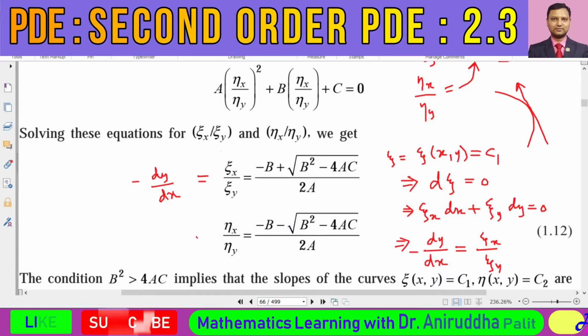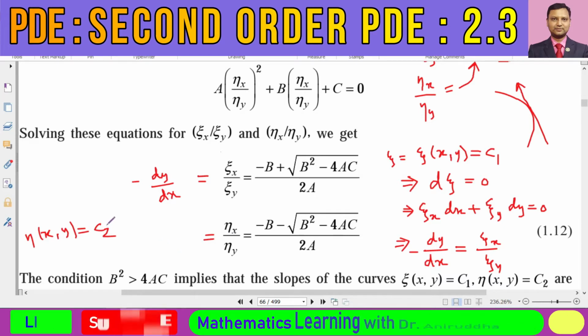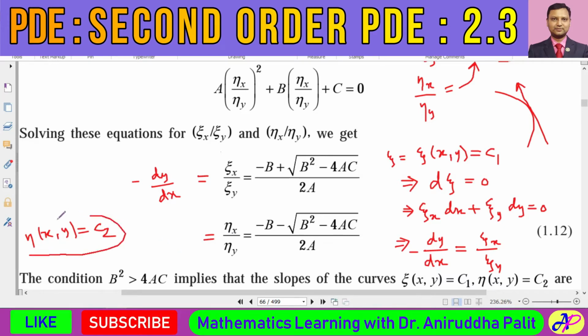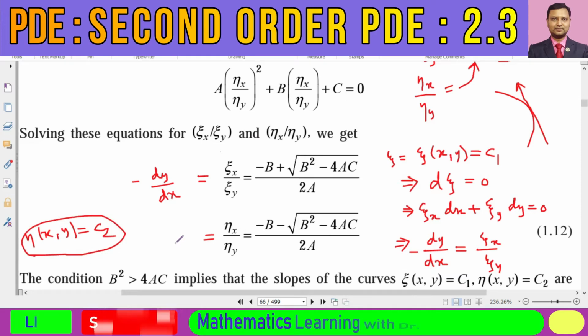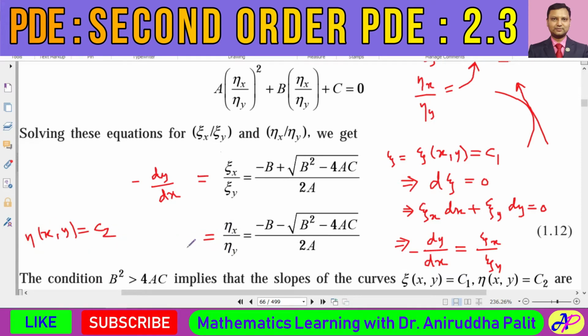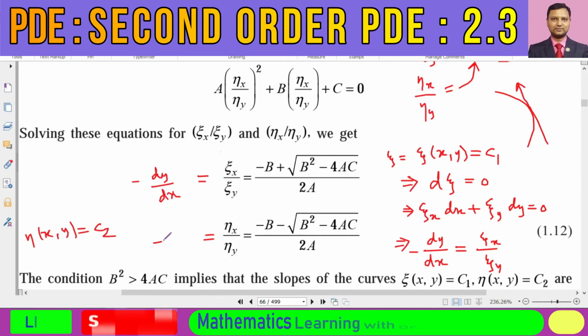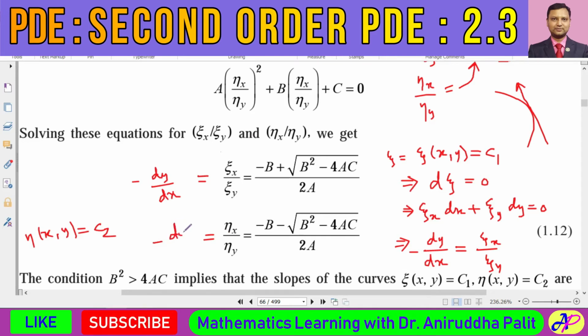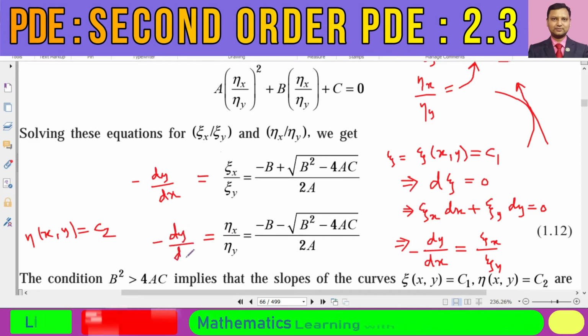Similarly, for the second curve, if you consider the relation that eta of x comma y is equal to, suppose, c2, in that case this expression can be deduced from the relation eta of x y is equal to c2, and that quantity, eta x by eta y, will again be a certain dy dx like expression.